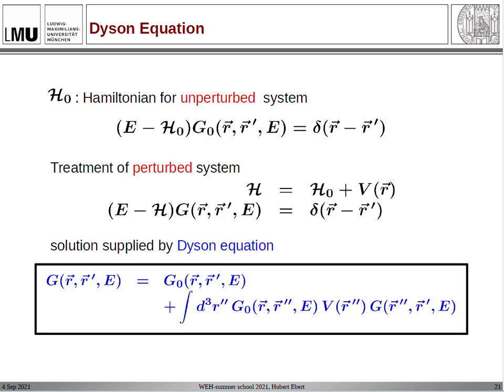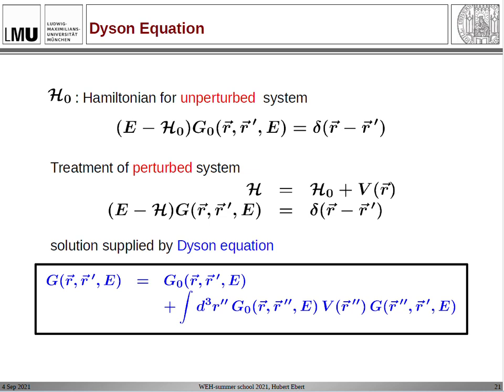Now, the last property we should mention for the Green's function is the Dyson equation. Very similar to the Schrödinger equation, it connects the solution of a simple unperturbed system to a solution for a related but perturbed system via the corresponding Green's function.